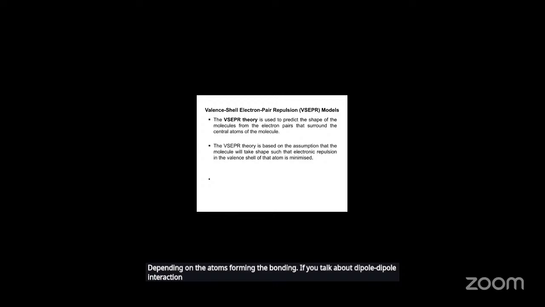Some dipole-dipole interactions are strong in some compounds and weak in other compounds, depending on the atoms forming the bonding. If you talk about dipole-dipole interaction in HF and the one in HI, which one is stronger? HF. Yes. So I want you to understand it that way.